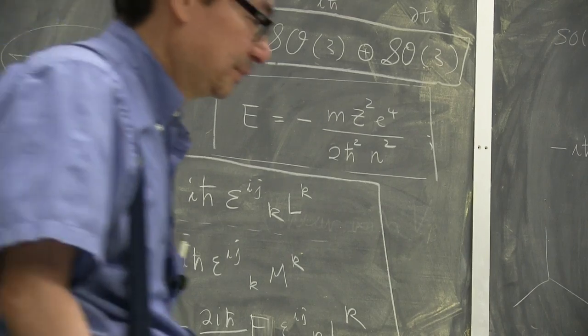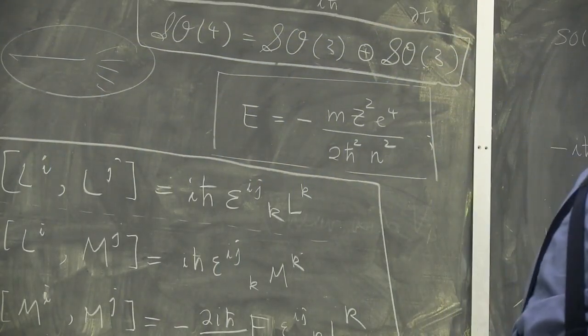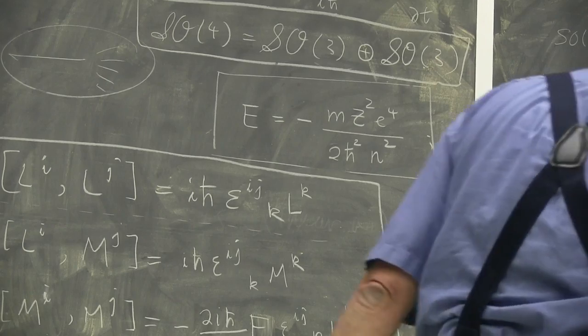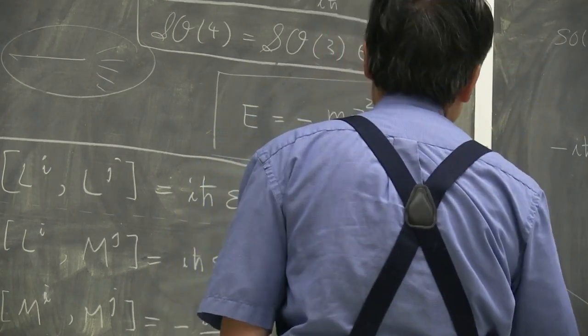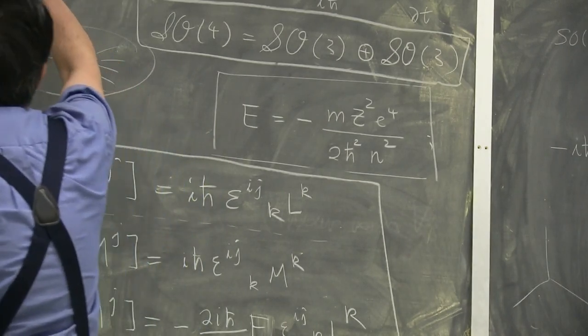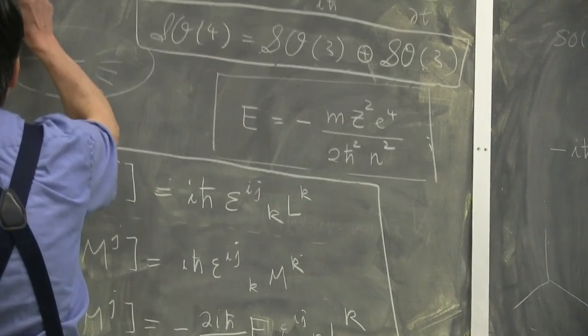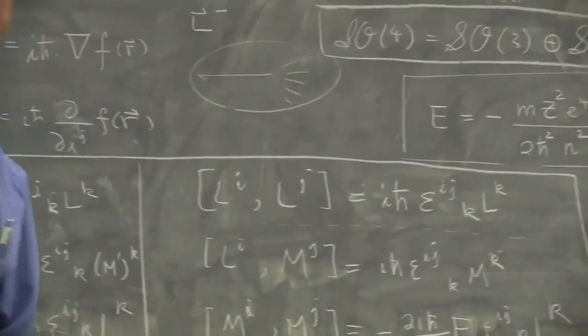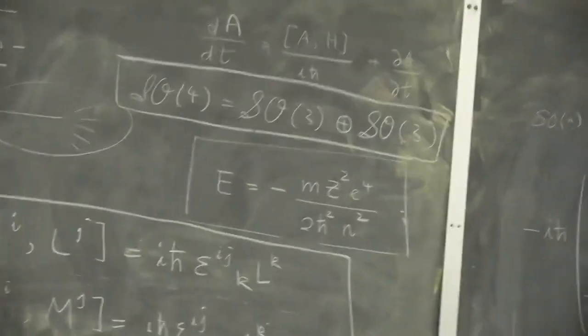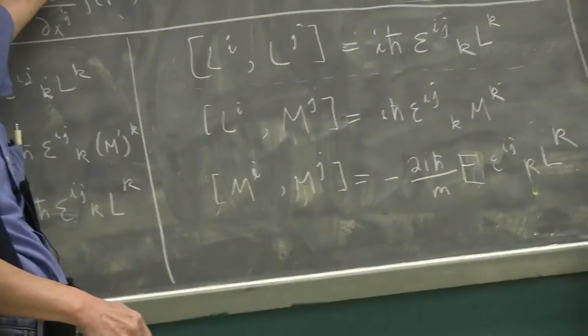Okay. And I can do it in this way. I can define 6 quantities. One is called L vector plus, and the other one is called L vector minus. Each one of these is a vector, so each one has 3 components. So together there are 6 components in here. Okay?